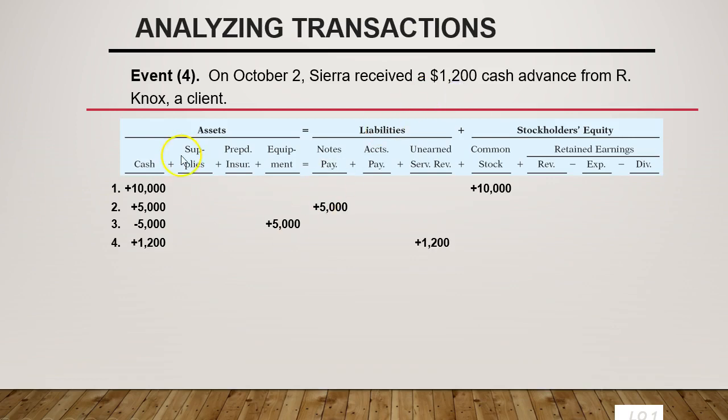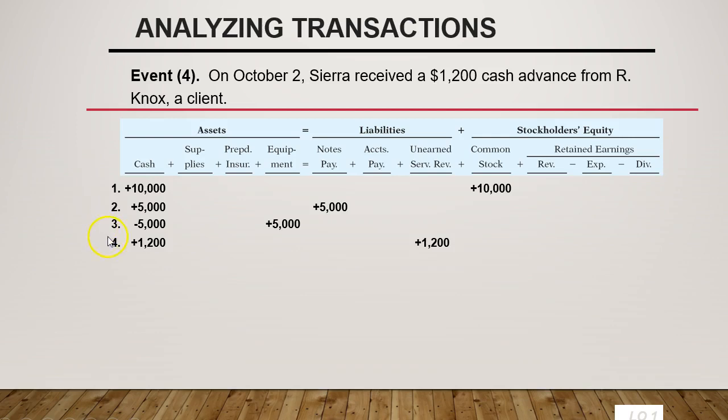Therefore, your cash account increased by $1,200, but now we have a liability called unearned service revenue. It's a liability because we received cash before providing the actual service. We now have an obligation to perform a service for the client at some point in the future. That obligation requires this to be a liability.